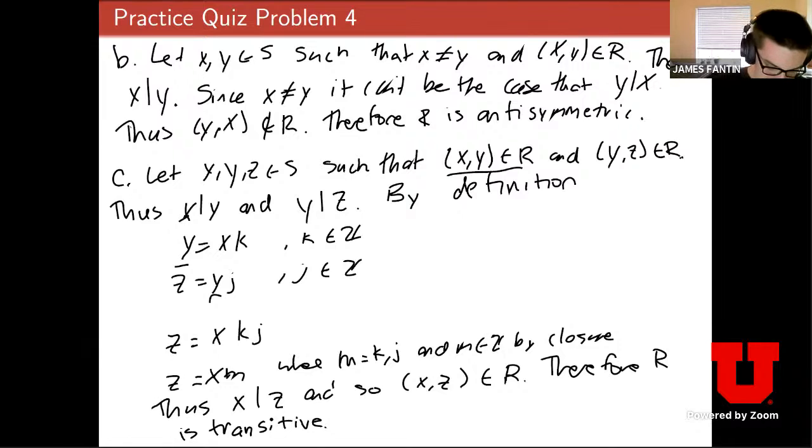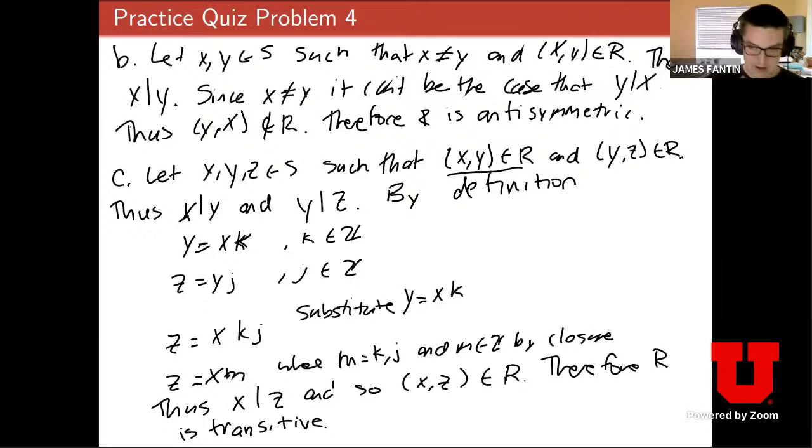We knew by definition that y was equal to x times k, and that z, by definition, is equal to y times some integer j. So I just did a substitution. I substituted y equals xk here. Oh, okay. Thank you. Any other questions?